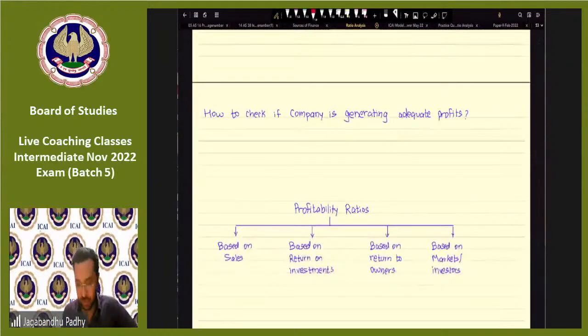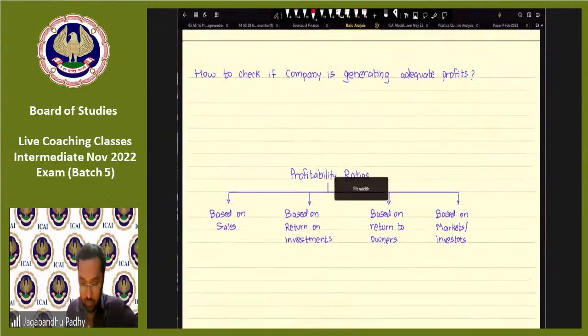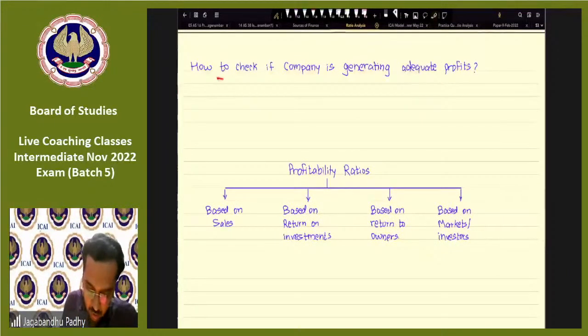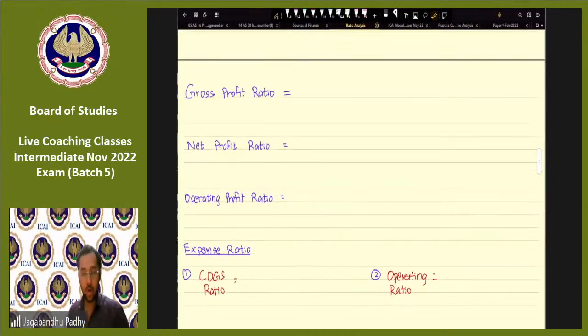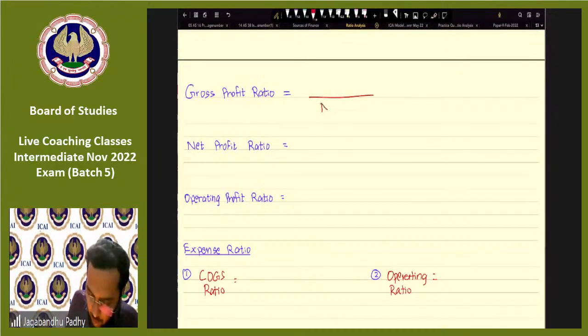Fine. Let's look at some more ratios quickly, guys. How to check if a company is generating adequate profits? We have already discussed return to the investor category, return on investment. Now, based on sales, all these ratios have a general format that everything is going to be upon net sales.